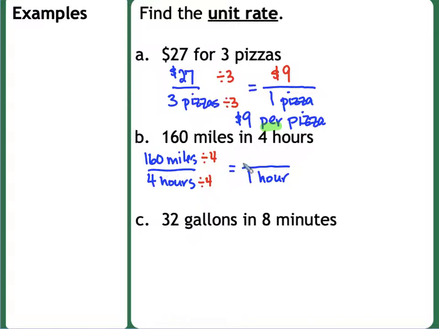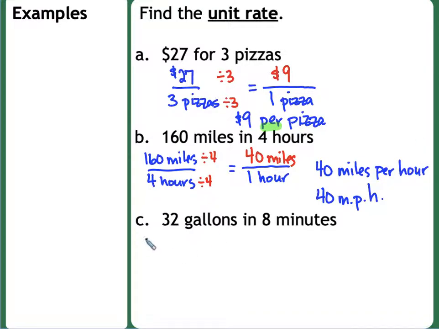So 160 divided by 4 is 40 miles. And then I go ahead and write my answer as 40 miles per hour. And this one is actually a special one. We know miles per hour is mph, so I am good if you do 40 miles per hour abbreviated.